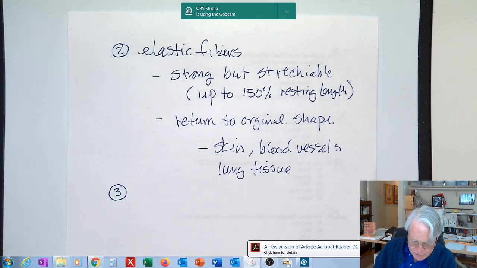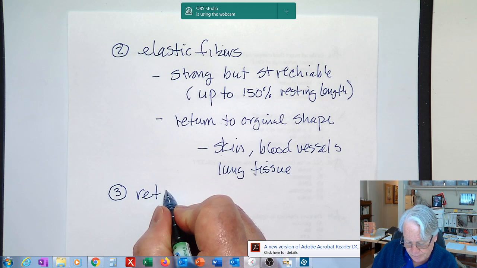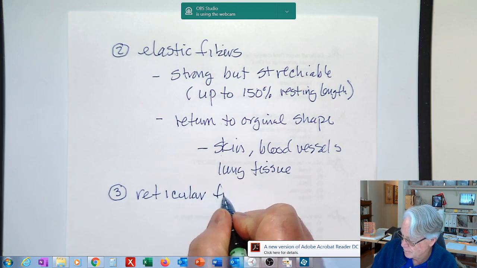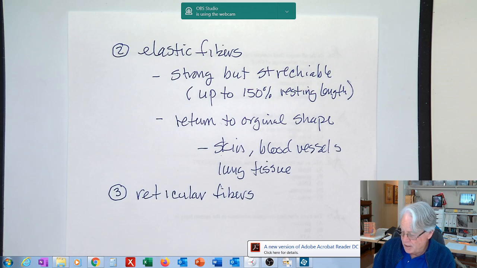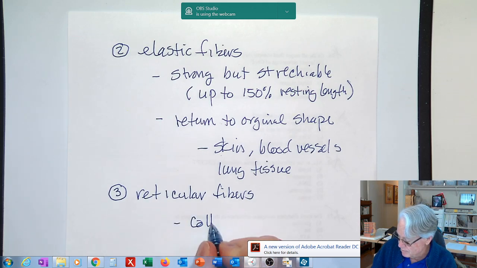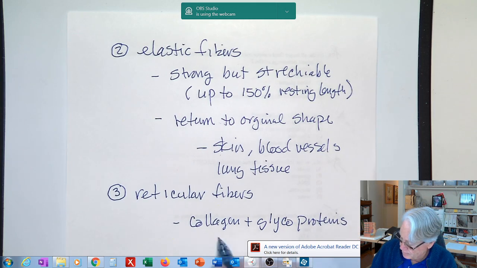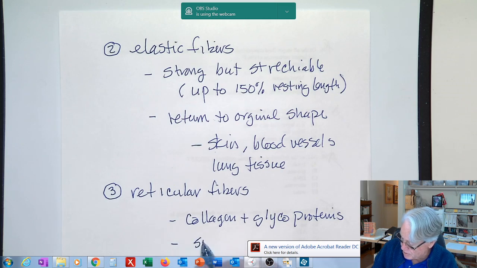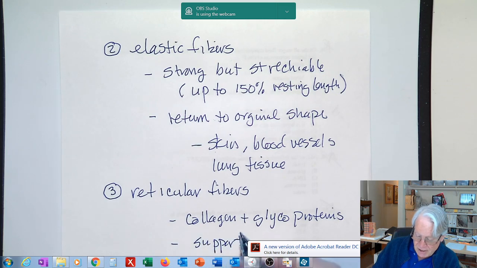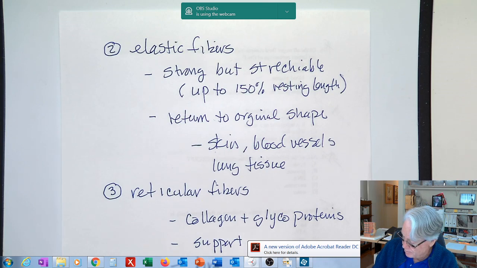Number 3, the third type, are the reticular fibers. And this is actually a combination of collagen plus some sugars, glycoproteins attached. And these provide support. They provide a branching network of fibers.